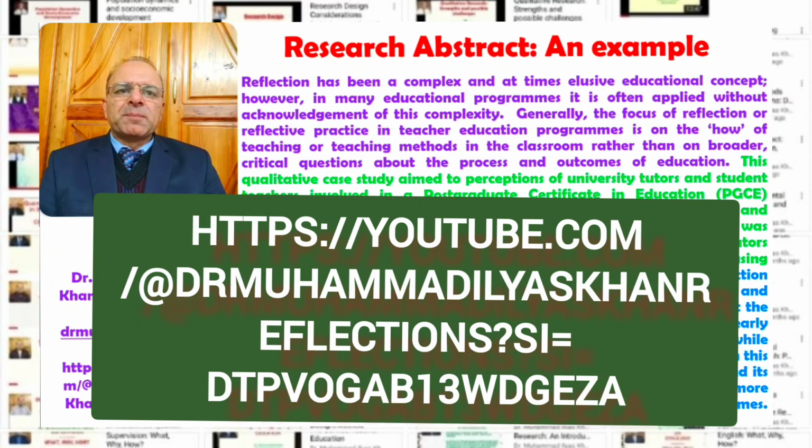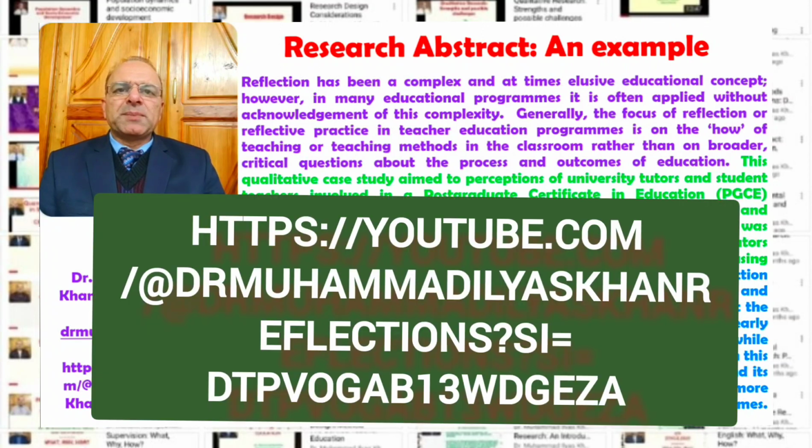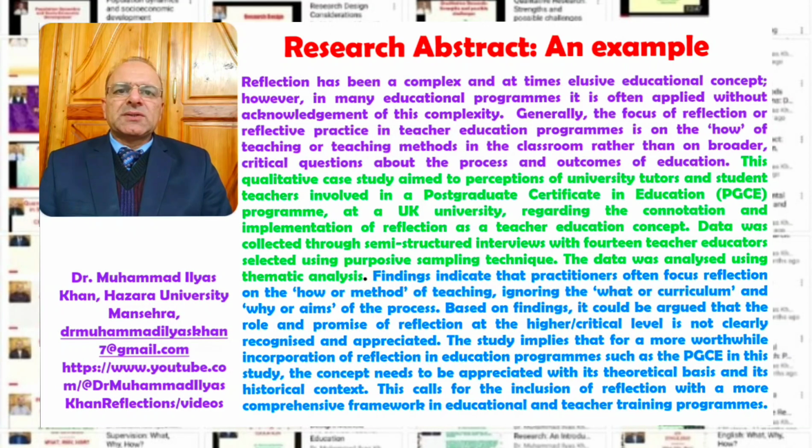And lastly, the blue color section is the section where the findings are briefly presented, and then there are certain conclusions and implications that are presented. So this is an example of an effective research abstract.